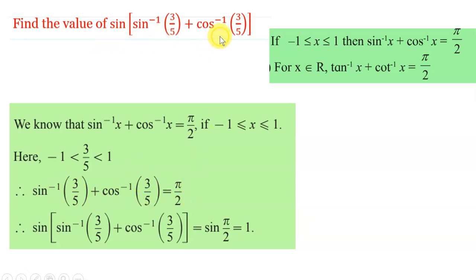And therefore sine of pi by 2 is what? Sine of 90 is equal to 1. What answer do we get here? 1. The value of this is pi by 2, and hence sine of 90 equals 1. We apply this result here. The same result also holds for tan inverse of x plus cot inverse of x.